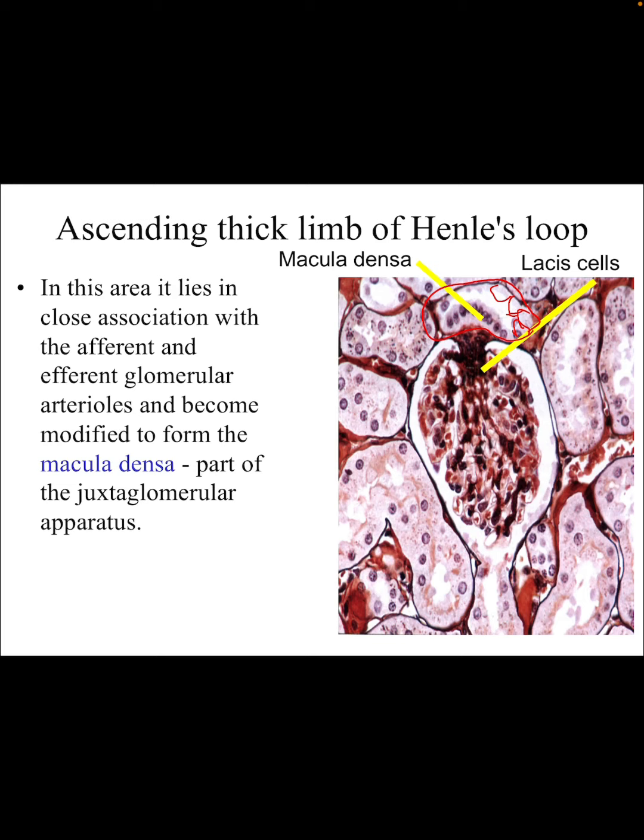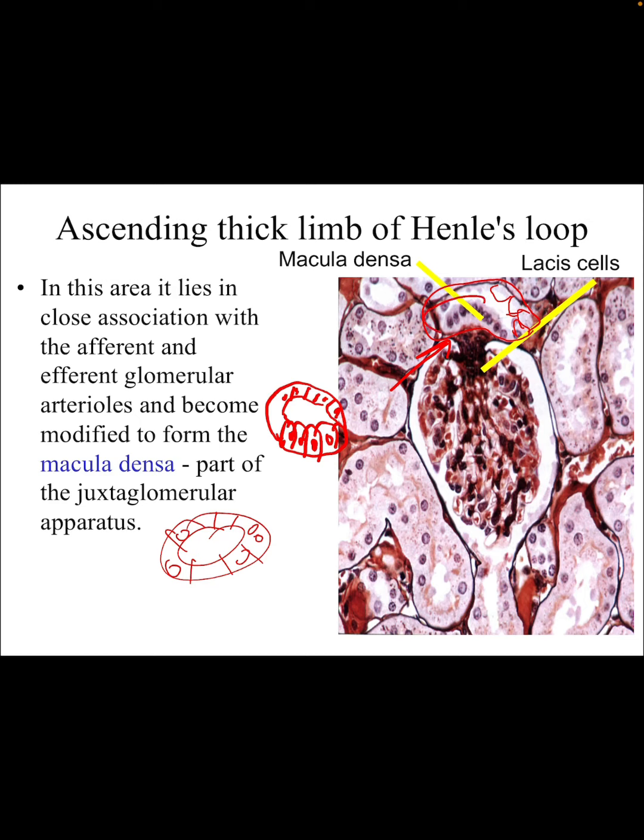At this area here, near the vascular pole of the renal corpuscle, we can see this epithelium. Instead of being simple cuboidal epithelium, the cells almost condense near each other, and the cells are columnar.